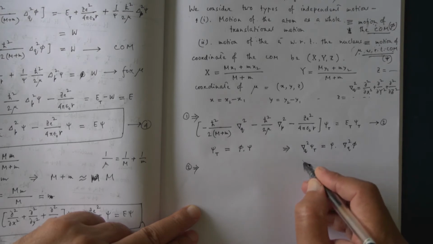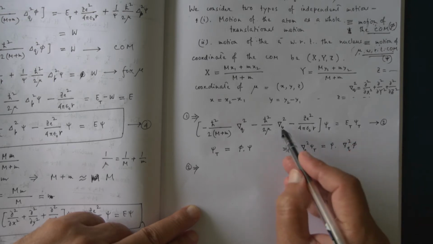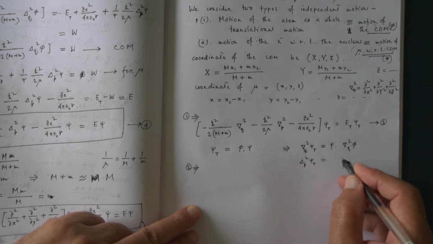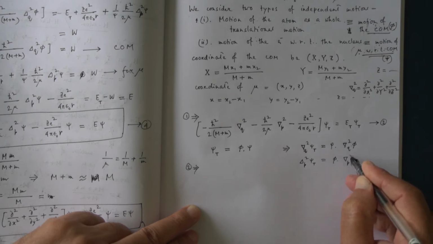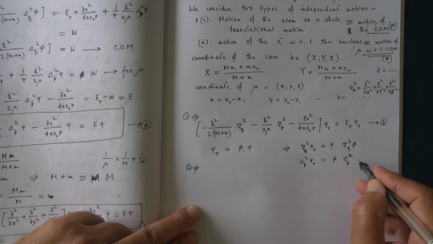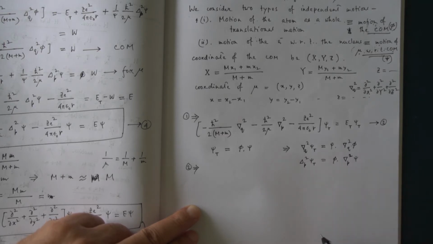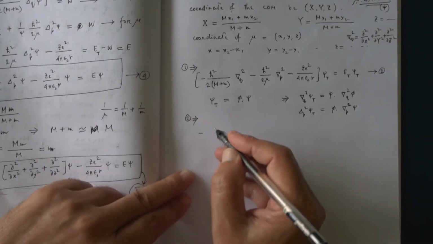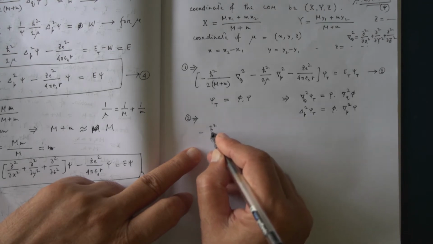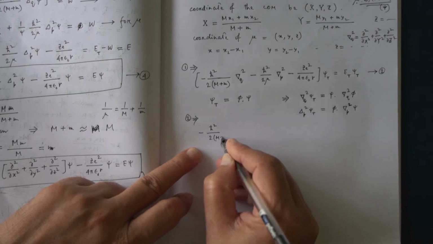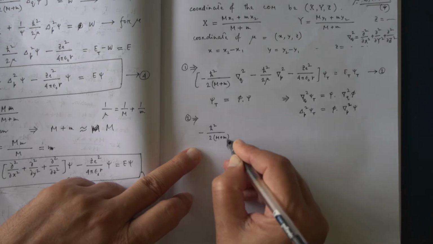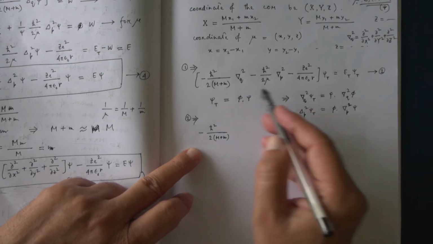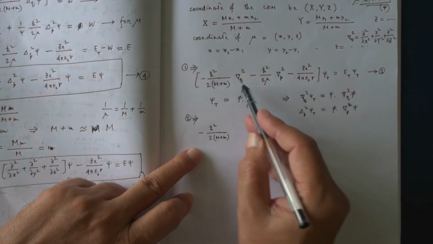Similarly, del p square psi t will be equal to phi into del p square psi. Okay, so from 2 we can write minus h bar square by 2m plus m, this into this into this.